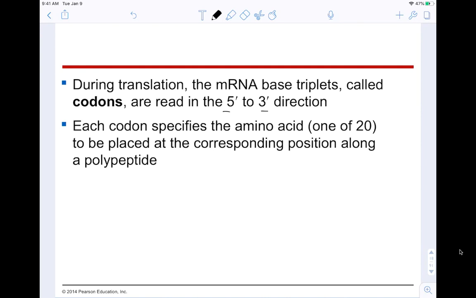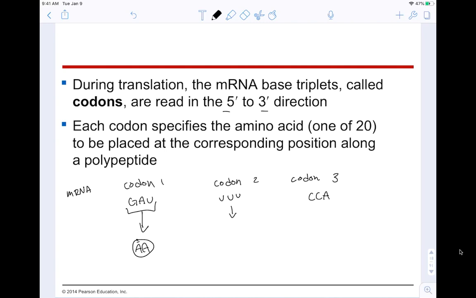So remember, you have all these different codons along your mRNA, and whatever letters they are, that triplet code tells you, hey, make this amino acid, whatever that amino acid is.